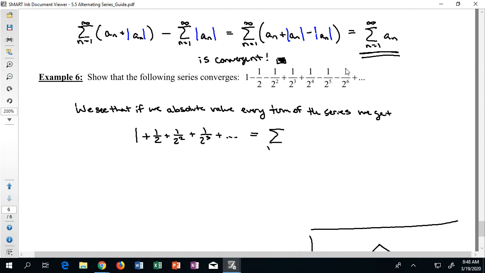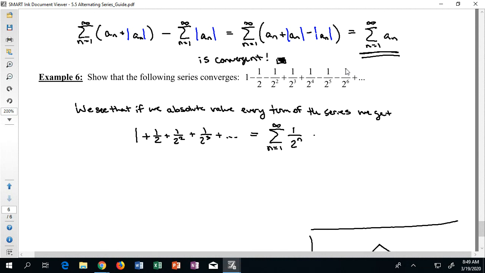And that is actually something that I could probably write really easily in a nice series notation. Doesn't that actually kind of look like 1 over 2 to the power of n?